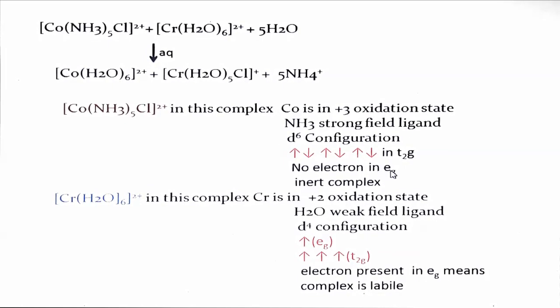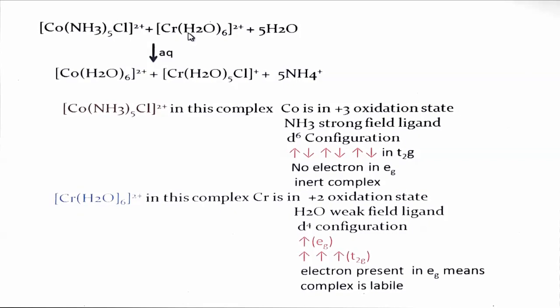No electron will enter into the eg orbitals. As I have already explained in my previous video, if 3 or more electrons are present in the t2g orbitals and no electron is present in the eg orbitals, then the complex will be inert in nature. So this complex is inert, but the condition is that at least one complex should be labile in nature.